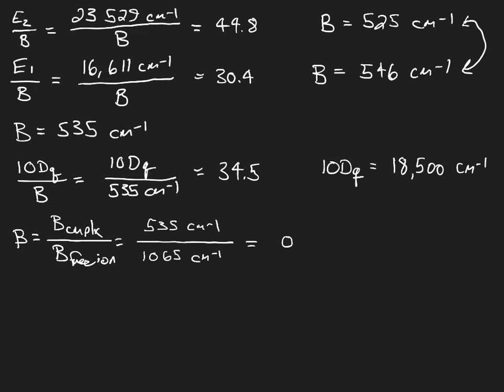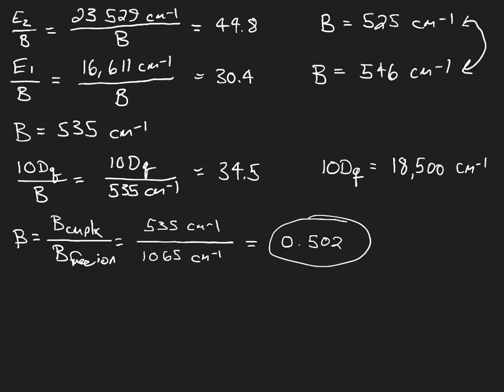So this equals 0.502. So the electron cloud is fairly largely expanded relative to the free ion, reflected in this small value that we calculate for beta. So there's a lot less electron-electron repulsion in this complex relative to the free ion.